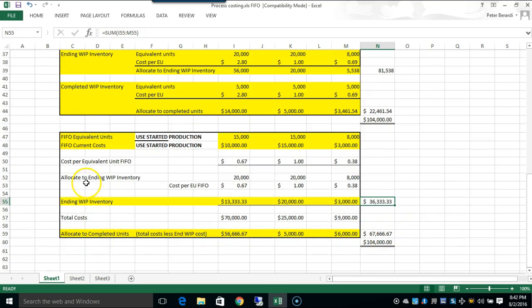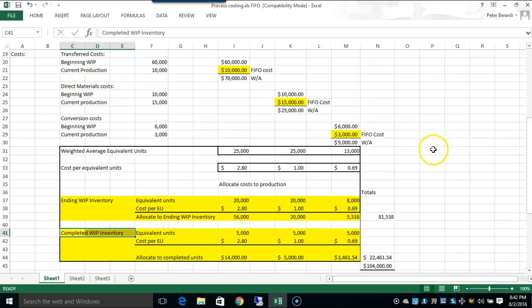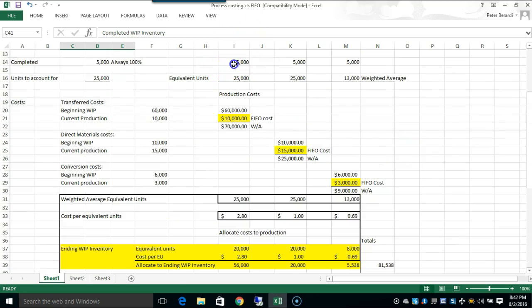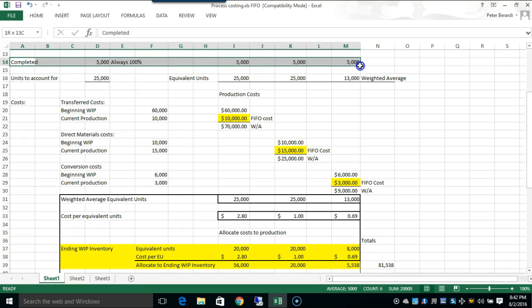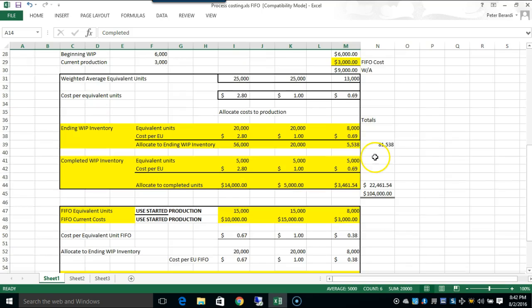Next step, just like we did, is allocate to completed WIP inventory. But how do we do that? The weighted average took the exact 5,000 of completed under weighted average and multiplied that 5,000 by the cost per equivalent unit.